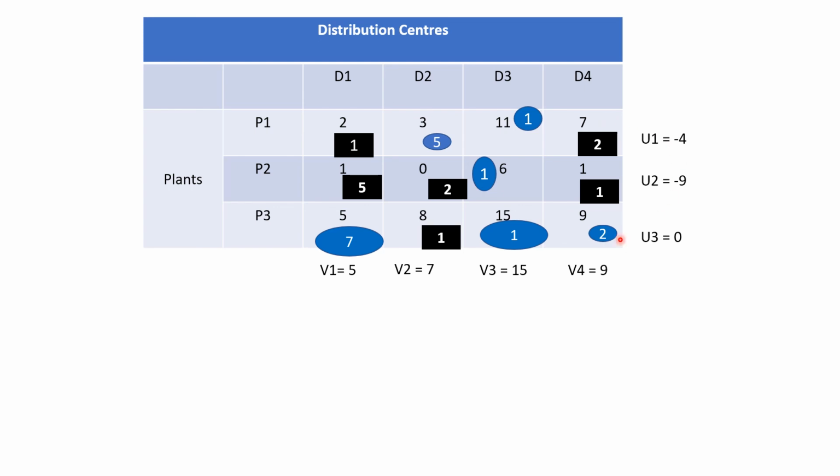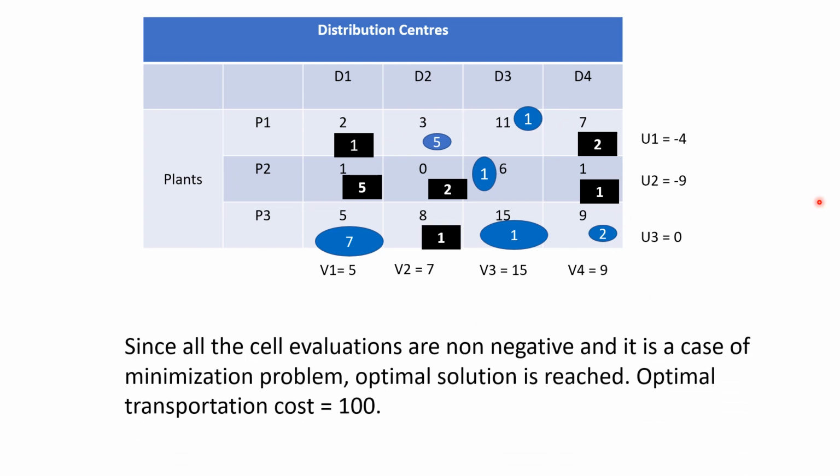And since all the cell evaluations, as you can see, are non-negative, it can be 0, it can be positive, but if they are non-negative, the optimal solution is reached. Just see here, we have allocated 1 unit to this particular cell, and the cell evaluation was minus 1.